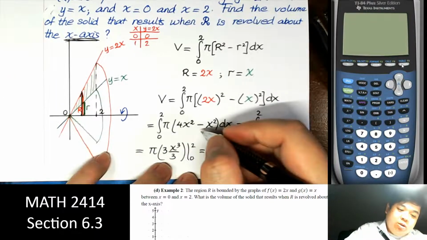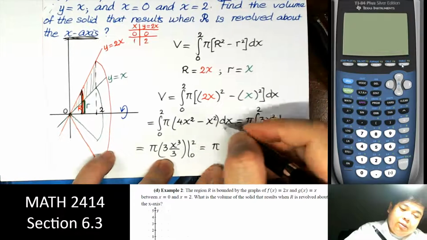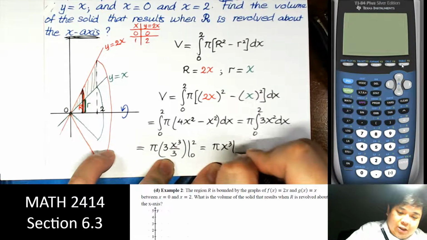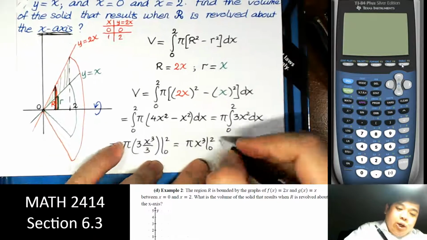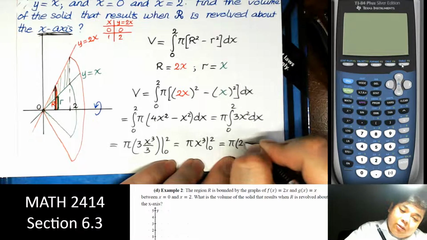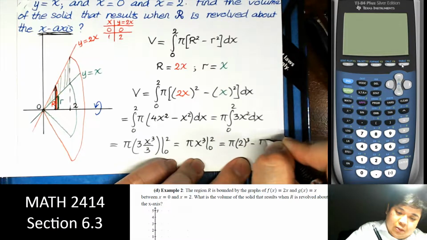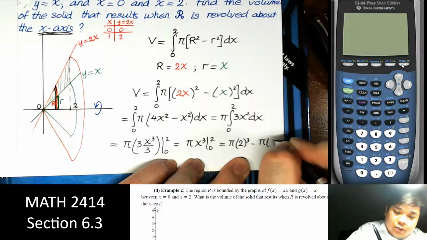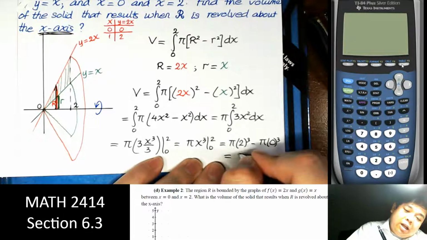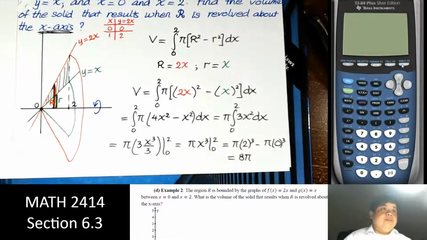The 3 and 3 cancel out. Pi x cubed from 0 to 2. Put in 2 and put in 0. Just 8 pi.